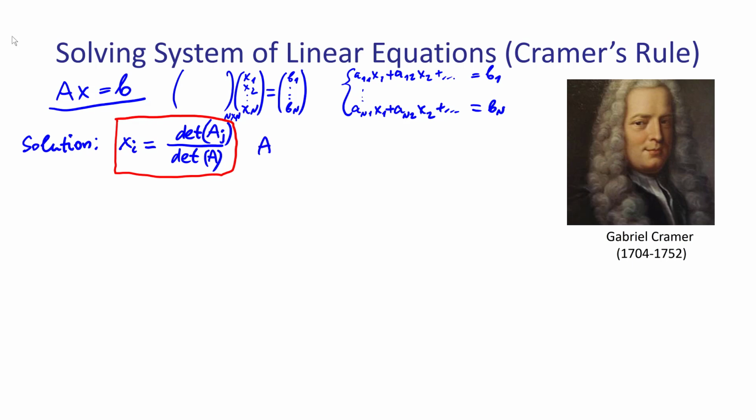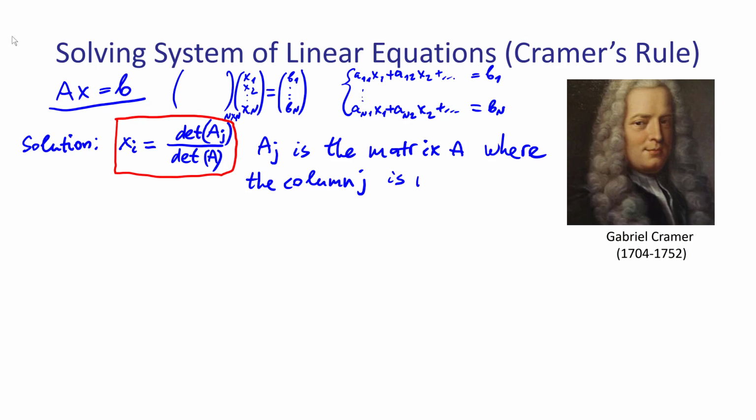Now, Aj is the matrix A with some modification: in matrix A, the column j is replaced with B. Which means we are taking just the regular matrix A, replacing column j in that matrix with vector B.